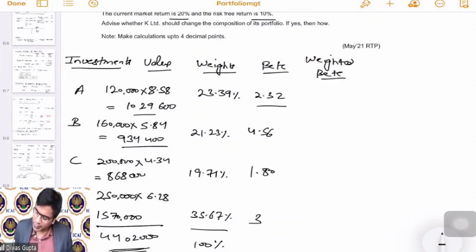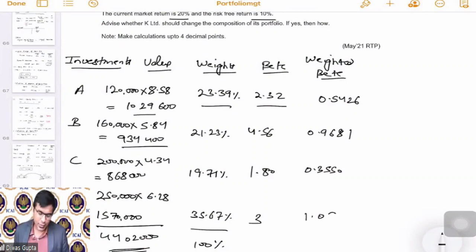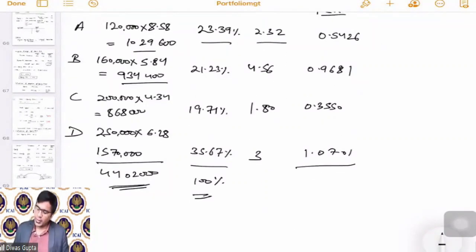So 2.32 multiplied by 23.39% comes out to be 0.5426, 0.9681, 0.3550, and 1.0701. So the weighted average beta of the portfolio comes out to be 2.9358.